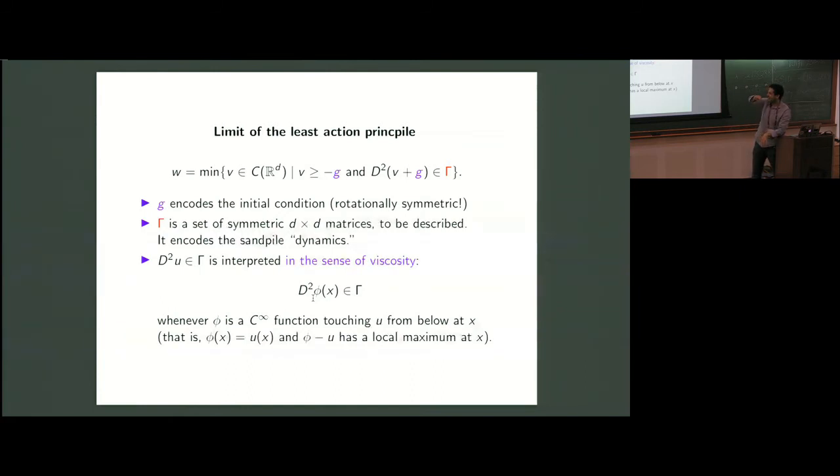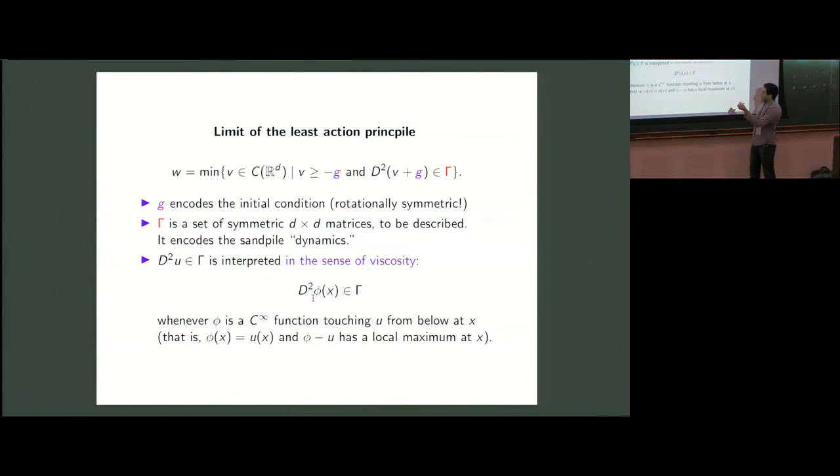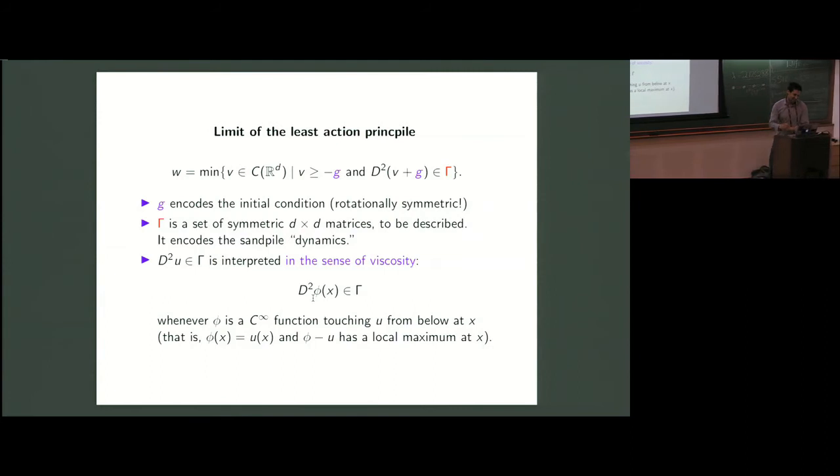So saying that the Hessian of U belongs to gamma, where U might not be smooth, what it means is that for any touching smooth function phi, touching at a point x and lying below, the Hessian of the smooth function belongs to gamma. You transfer all your derivatives to this smooth touching thing.